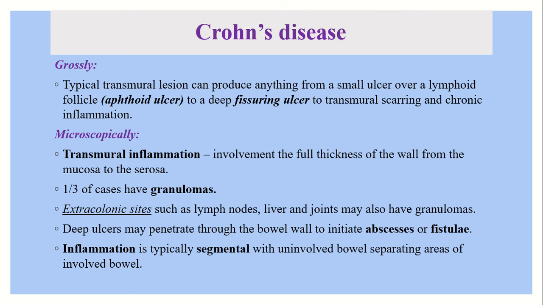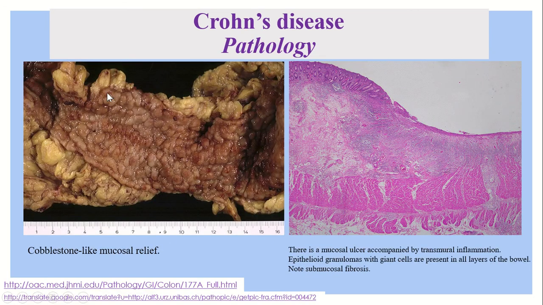This is also a typical histologic feature of Crohn's disease. Grossly, the lumen or the relief of the intestine looks like cobblestone. You see here the cobblestone-like mucosal relief.